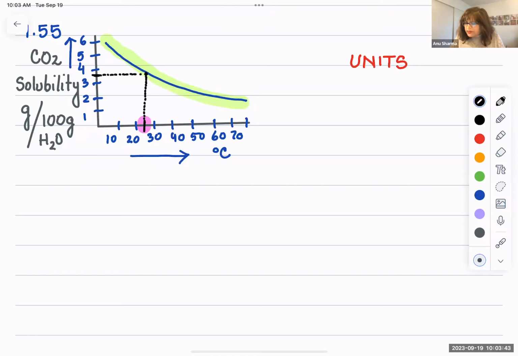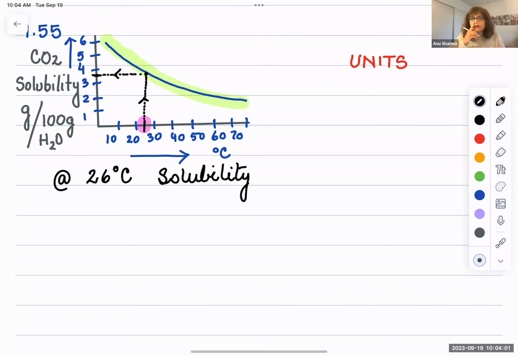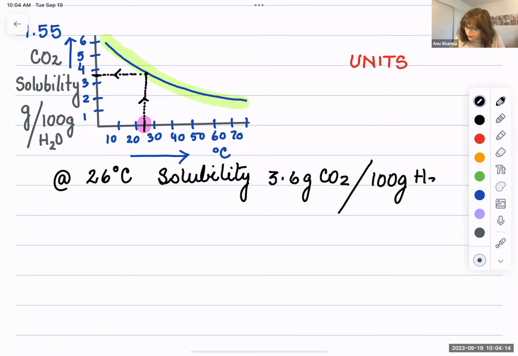So it is somewhere between 3 and 4, right? So here we see that at 26 degrees Celsius, the solubility is somewhere in the range. Sometimes you have to guesstimate a little bit between 3 and 4, but more towards the 4 side. So it could be 3.6 grams of CO2 dissolves per 100 grams of water.